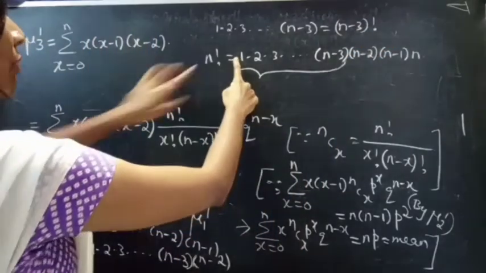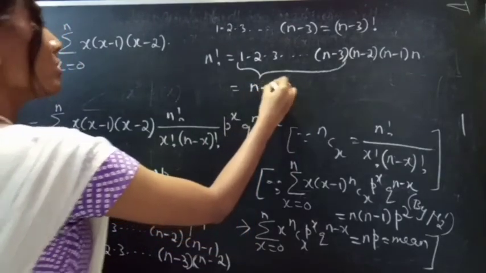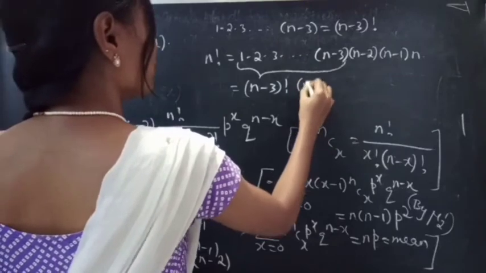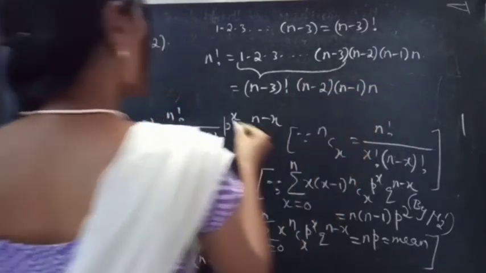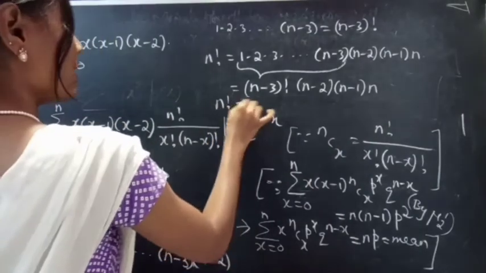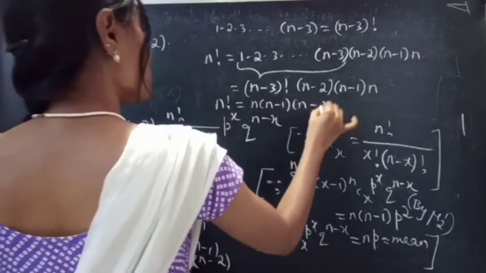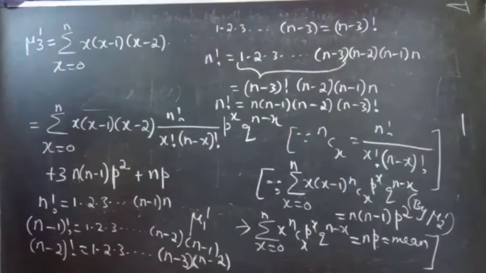So from 1 to n minus 3 will be your n minus 3 factorial into remaining you're having n minus 2 into n minus 1 into n. So you could write this n factorial as n into n minus 1 into n minus 2 into n minus 3 factorial. Okay.